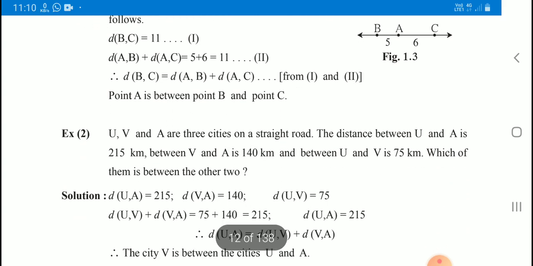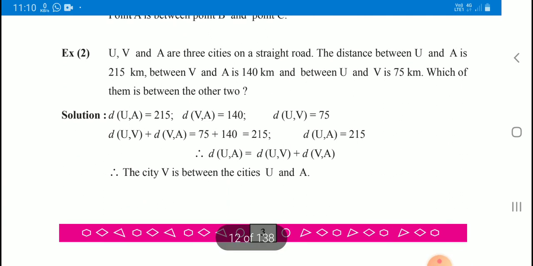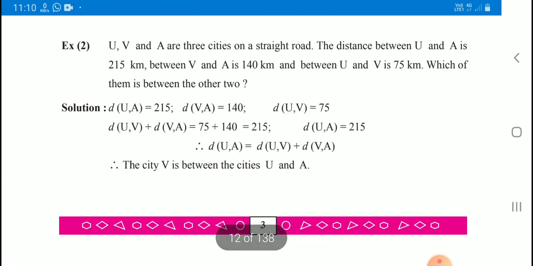Now, the second example is U, V and A are three cities on a straight road. The distance between U and A is 215 km, between V and A is 140 km, and between U and V is 75 km. Which of them is between the other two? For that we have to write the distances. Distance of U and A is 215, V and A is 140, distance of U and V is 75.